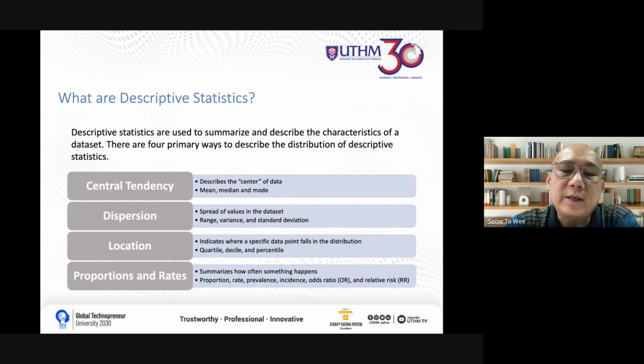And proportions and rates summarize how often something happens, like proportion, rate, prevalence, incidence, odds ratios, and relative risk. This is a few types of the data of proportion or rates. Normally we call it rate data. Four types in descriptive statistics.